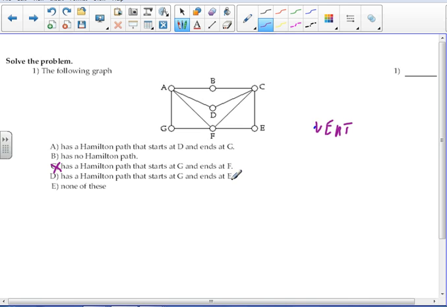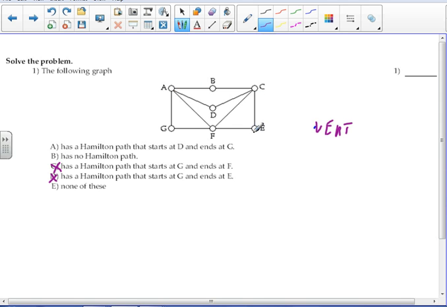Starting at G, ending at E. No, I can't do that either. But if I start at D, I can go that way, this way, that way, this way, this way, that way. Yeah, there we go.